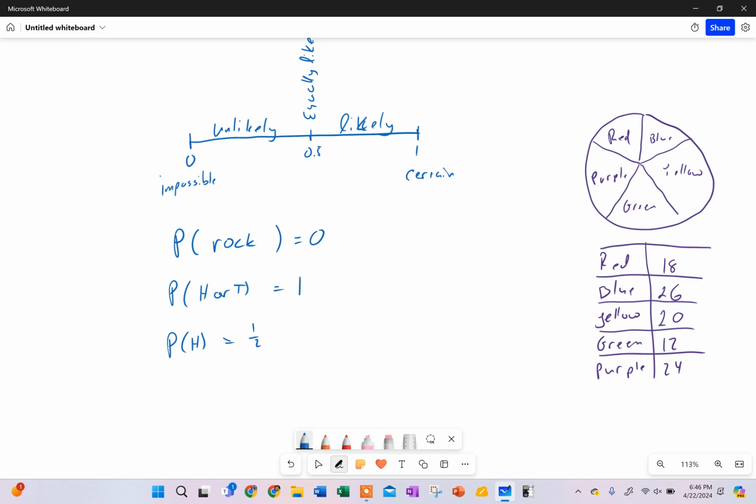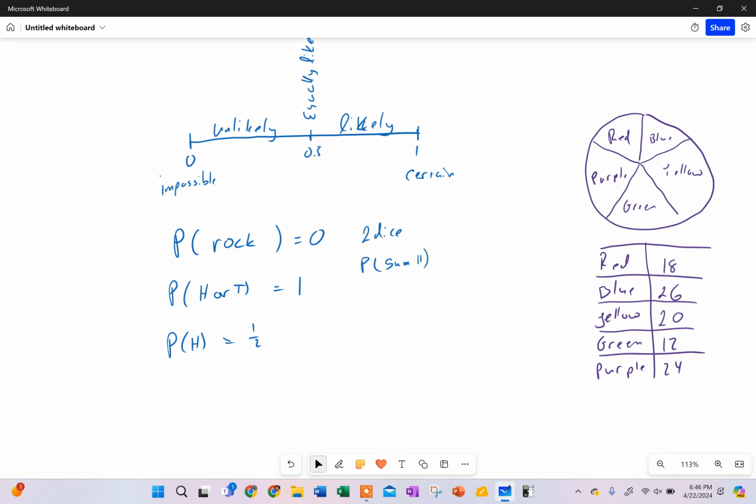So, for example, let's say I'm going to roll 2 dice, and I want to know what is the probability of getting the sum of 11.